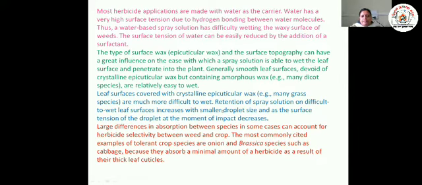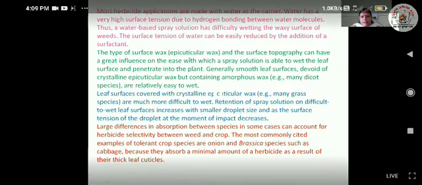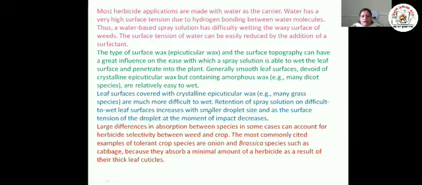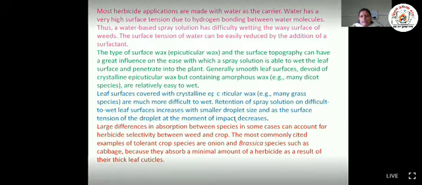Leaf surfaces covered with crystalline epicuticular wax are much more difficult to wet. There are different types of waxes according to the leaf species. The retention of the spray solution on a difficult-to-wet leaf surface increases with smaller droplet size, and as the surface tension of the droplet at the moment of impact decreases.